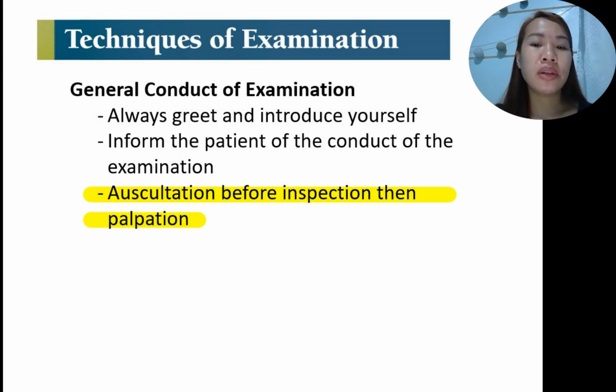We do not want to perform inspection, palpation, and percussion and then perform auscultation, because by that time, we may no longer be able to assess the rhythm or the rate of the heart properly, because we have already done other tests to it. It may affect the results of auscultation.